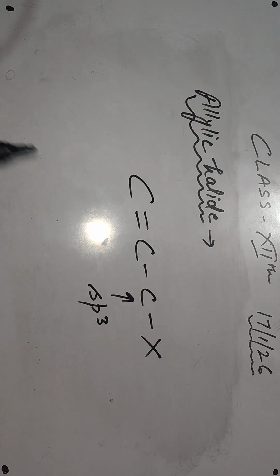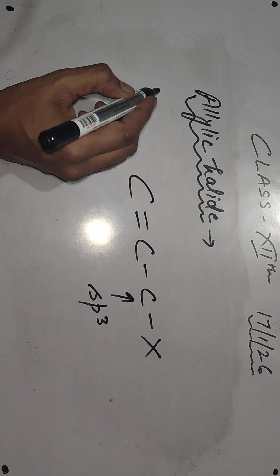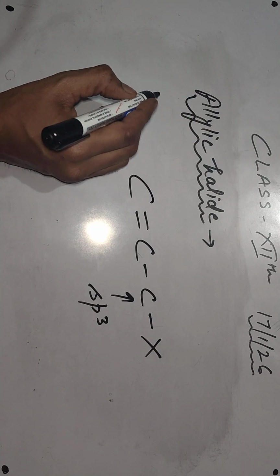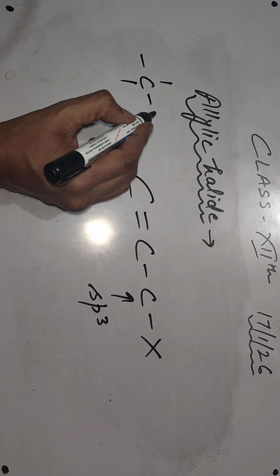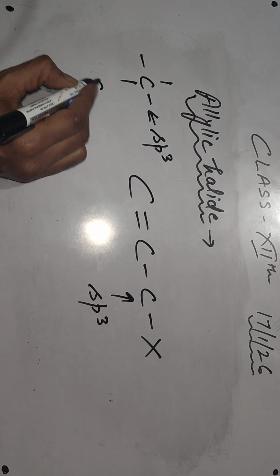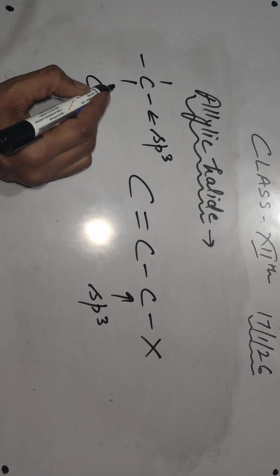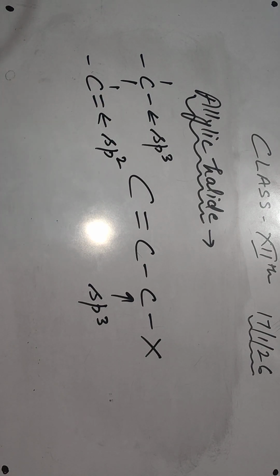So now, how to find hybridization of carbon? Look, it's a very simple technique. We know carbon can make 4 bonds. So if all 4 bonds are single, the hybridization will be sp3. If out of 4, 2 bonds are single, 1 is double, then hybridization will be sp2.